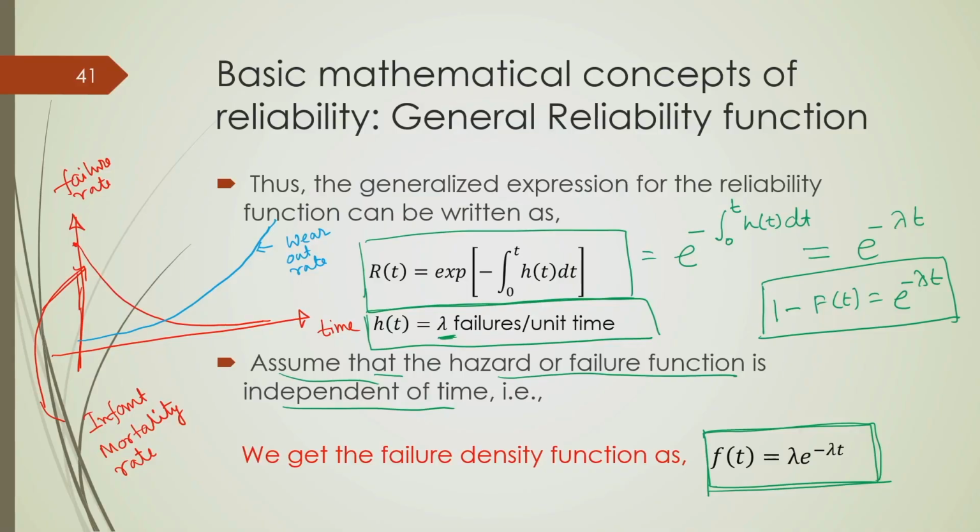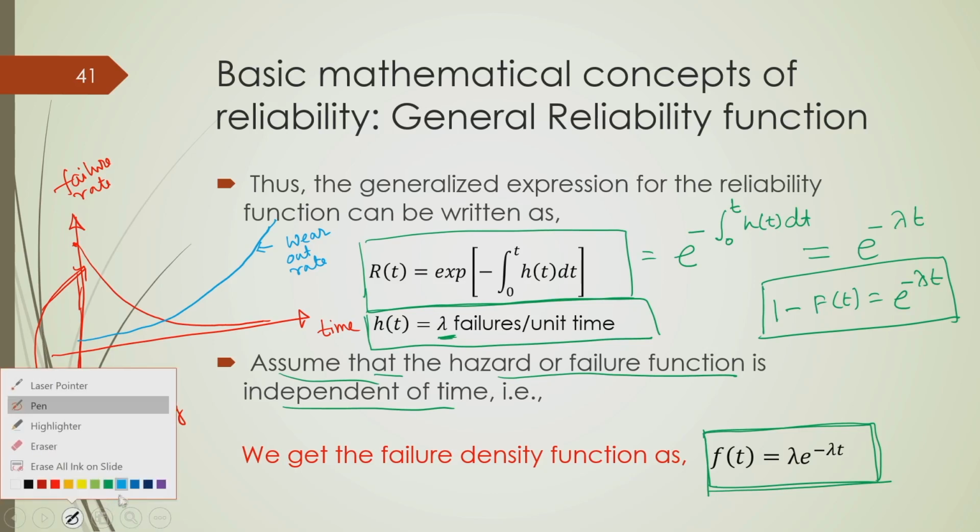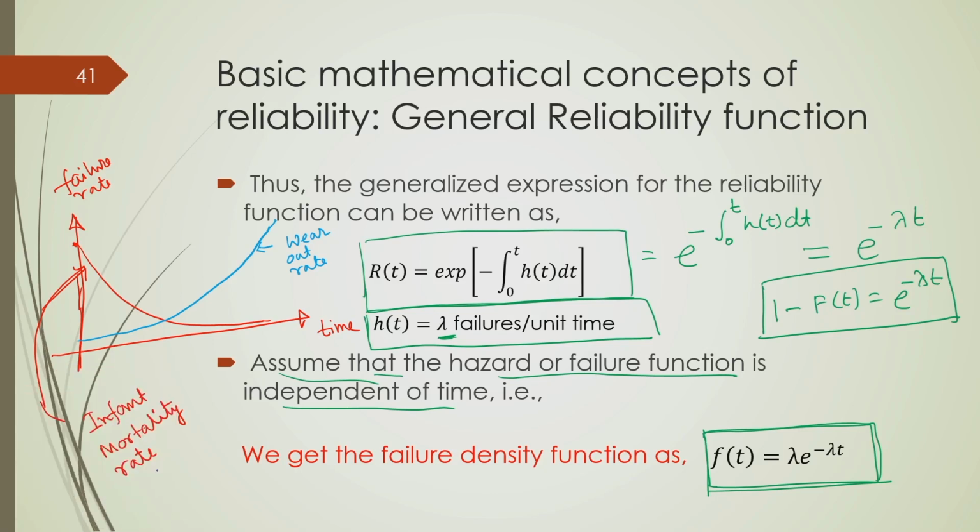Okay. And the actual probability of failure is the summation of these two. So, if we sum this up, what sort of characteristic will we get? We will get a characteristic like this. This characteristic is called the bathtub characteristic. Okay. So, if you look at these characteristics, there are three regions.